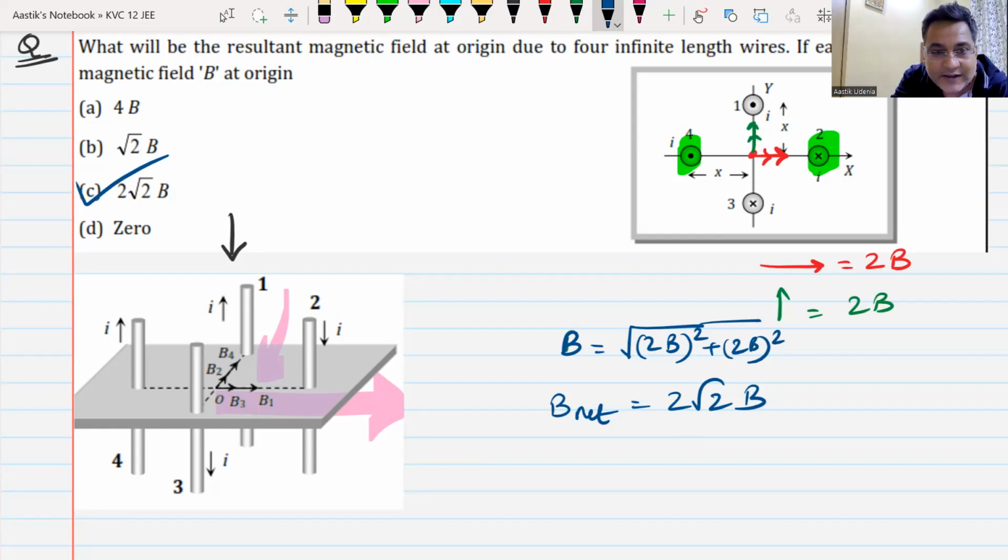Okay. Now remember, the wires are coming from the Z axis.